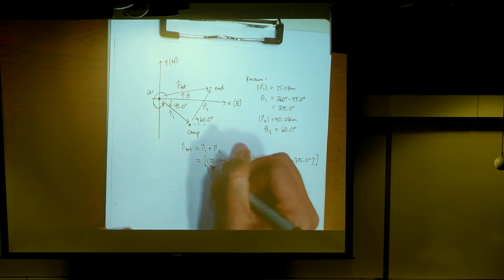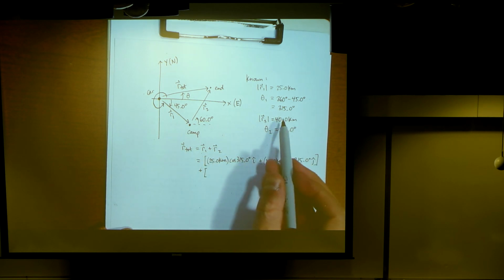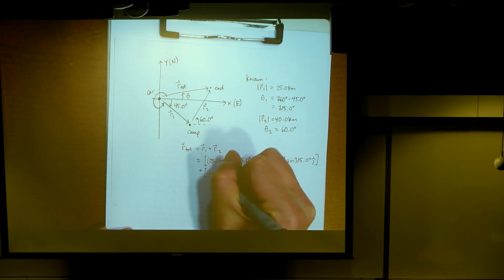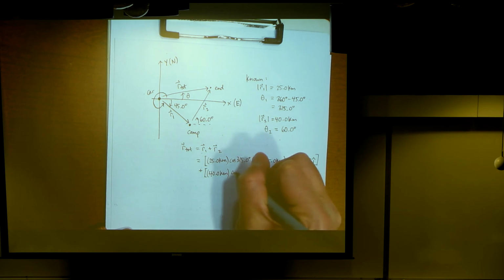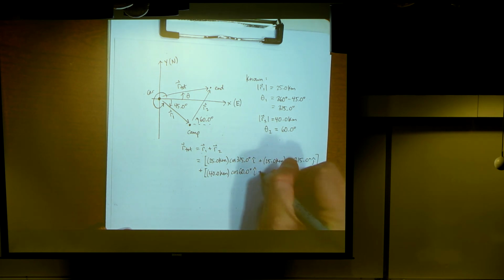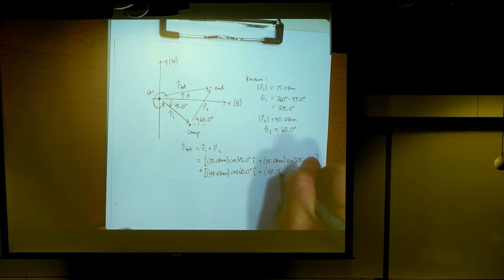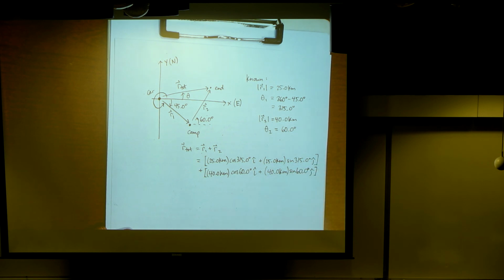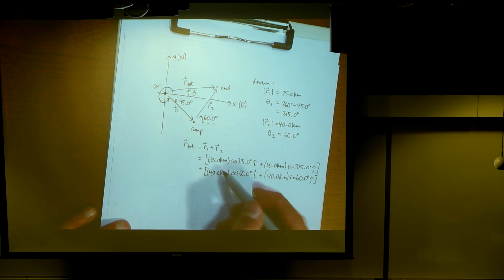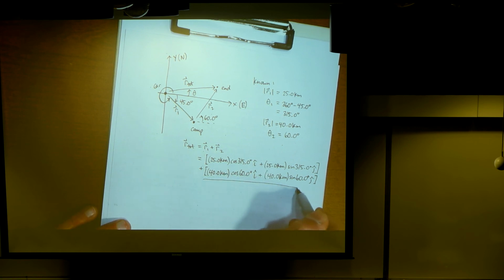Okay, my second vector, that's the one with a magnitude of 40 and a direction of 60. If I write that in xy form, it's 40 kilometers cosine of 60 degrees i hat plus 40 kilometers sine of 60 degrees j hat. Okay, so those are my 2 vectors added together. And what I want is the resultant of this.